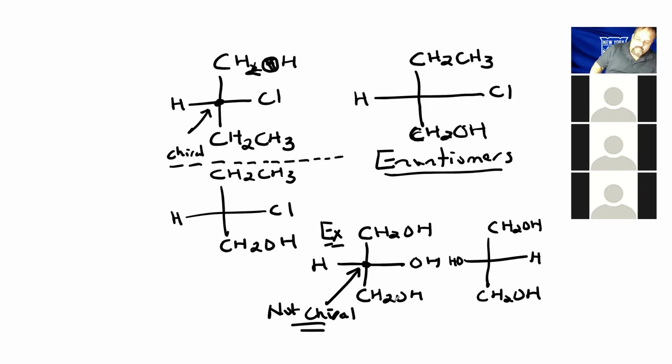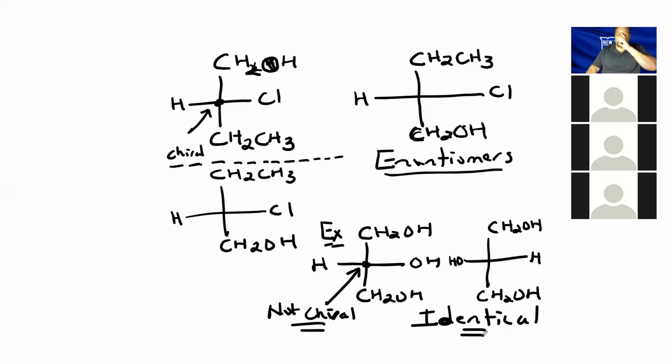So, no matter what type of mirror they use, if they draw it identical, if they use the vertical mirror like they did here, or if they were to use sort of a horizontal mirror, it would look like nothing changed. These two structures have to be identical to each other because there's no chiral carbon in either one of them.